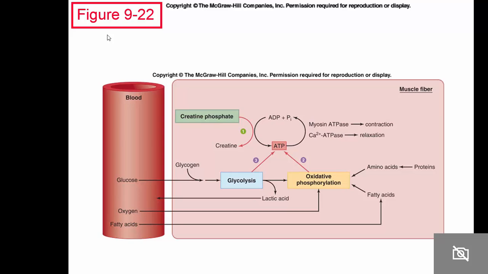Okay. So, 3 systems. Any activity that lasts less than 10 seconds. So how intense is this activity? Really, really intense. Full sprint, maximum weight lifted, things like that require this system. Now, you pay a huge debt for it, right?